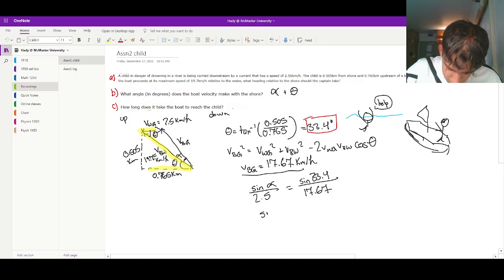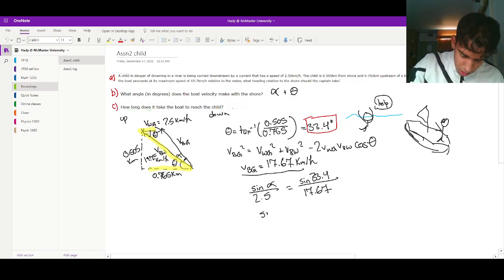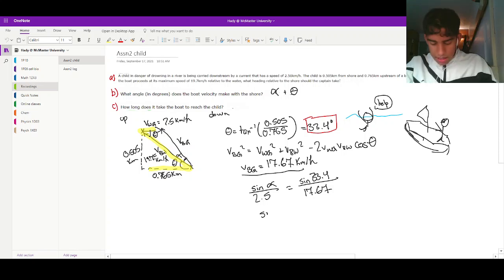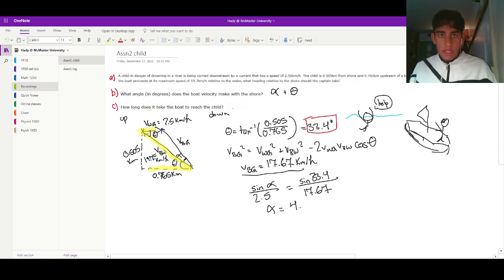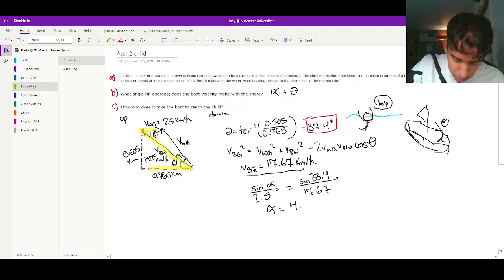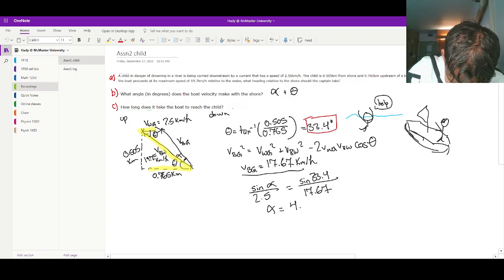I'll just do it all in one shot, and we find that alpha is equal to 4.47 degrees. Okay? So now what we wanted to find for question B here, so I'll label as well. That was A, this is now B.